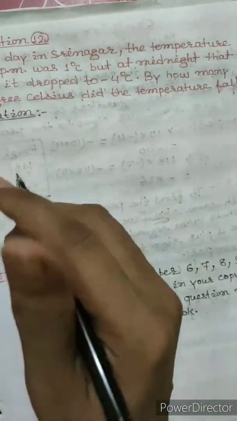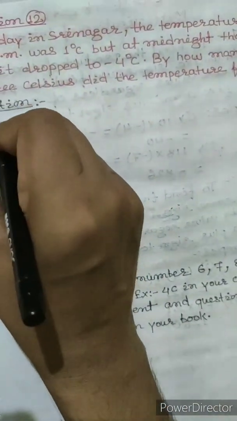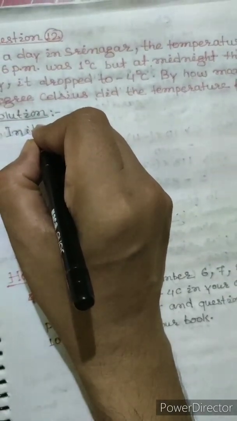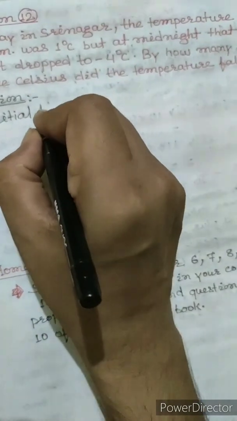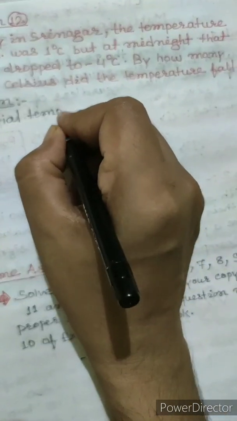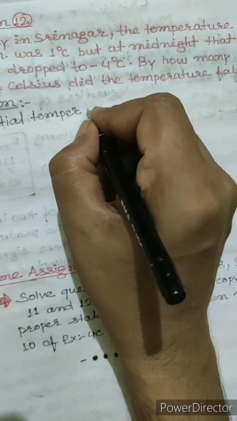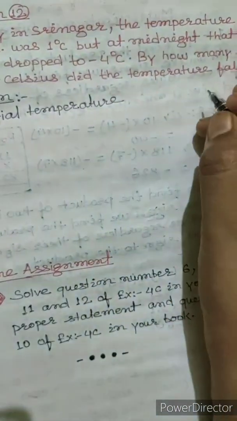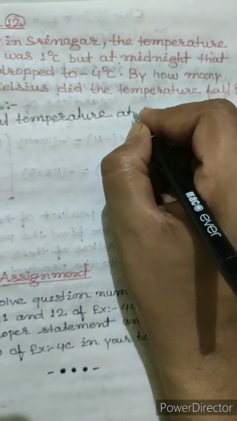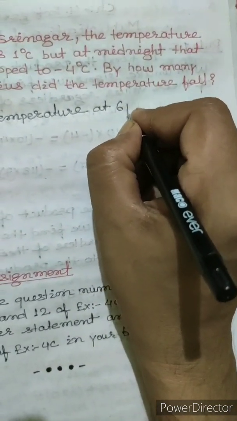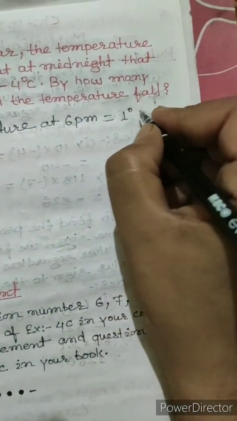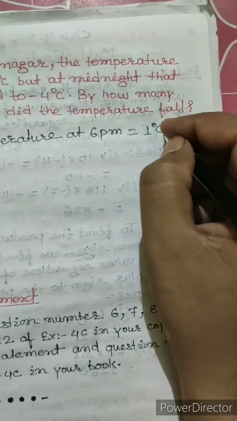So we are going to write here: initial temperature at 6 p.m. How much temperature was there? 1 degree Celsius.